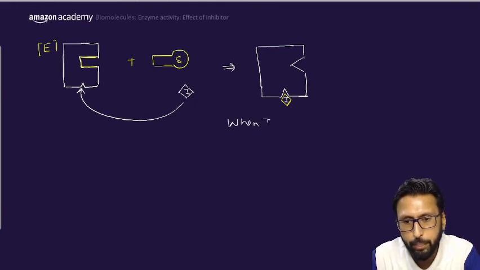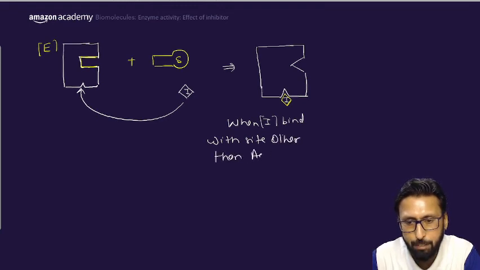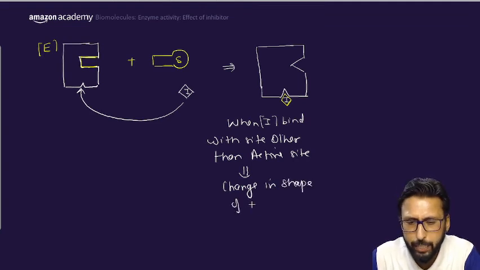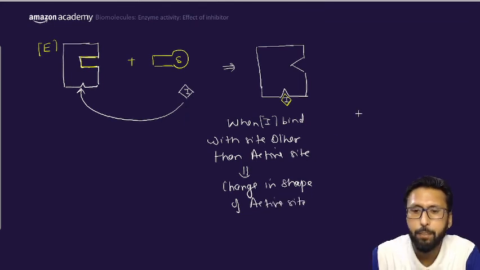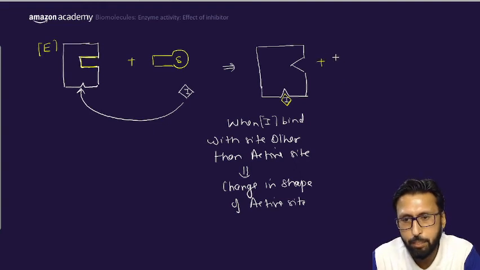So when the inhibitor binds with a site other than the active site, what is going to happen? There will be a change in the shape of the protein and also of the active site. Now we have this substrate. The substrate is going to remain the same.